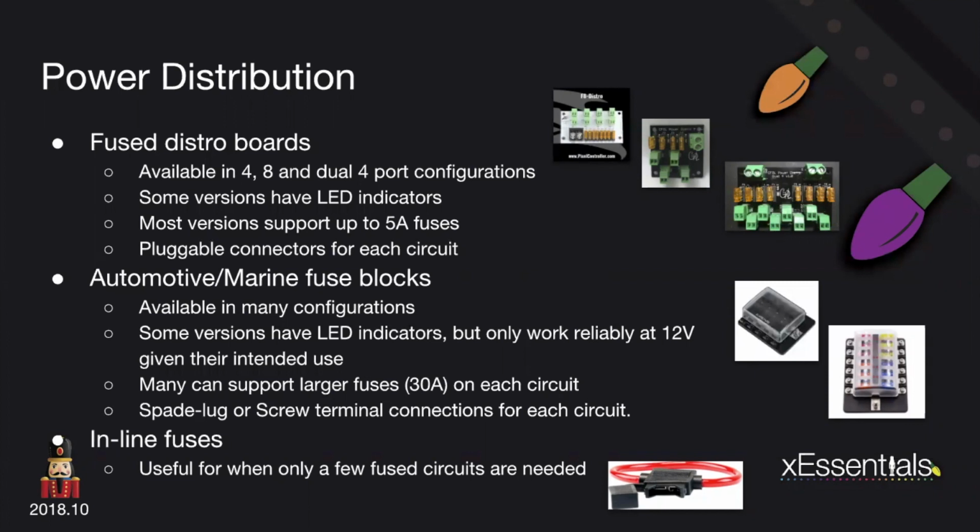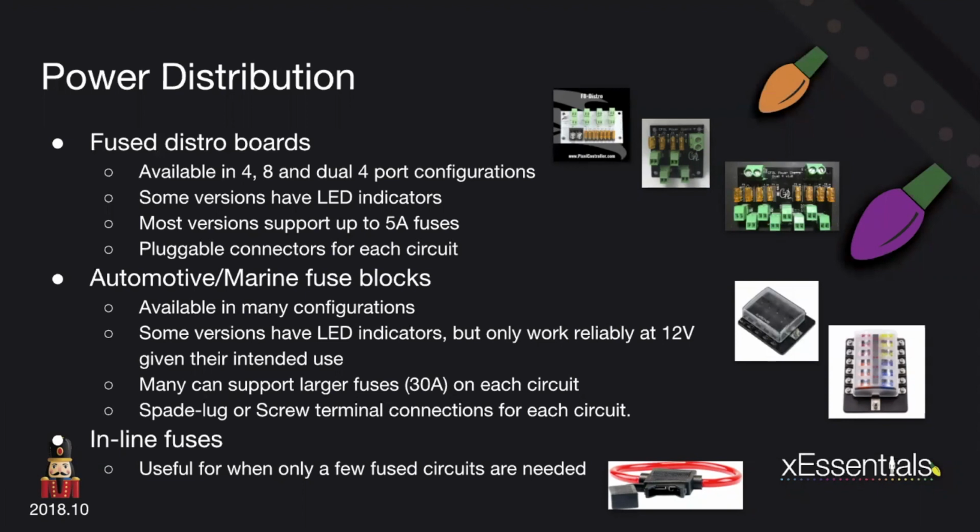But nowadays, you can actually get your hands on a distro board where it's intended more for how we use it in lighting, where the amount of current they support per port is a little bit less than the automotive ones typically are, but they have some features that are really handy in that they have a blown fuse detector that works usually at both 5 volts and 12 volts, depending on what voltage you're running.